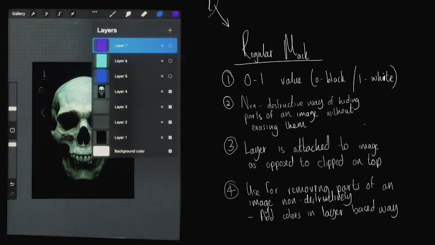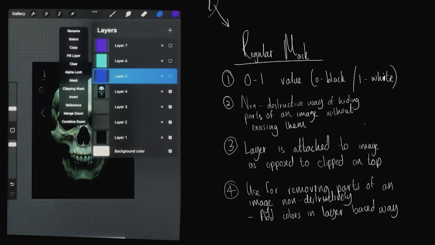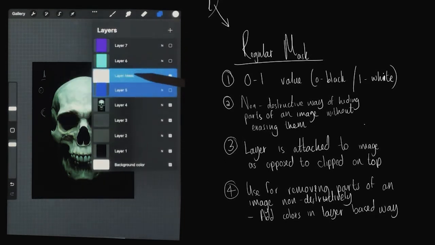Okay, so what a mask is: you come in like this, and you tap on it, and instead of clipping mask, you hit the mask like this.